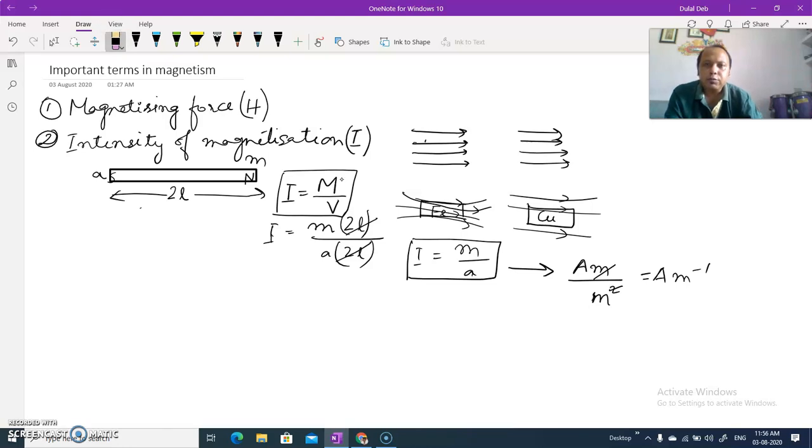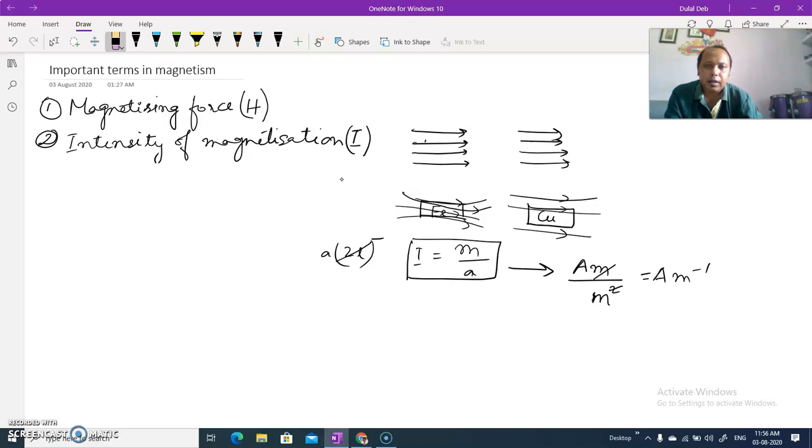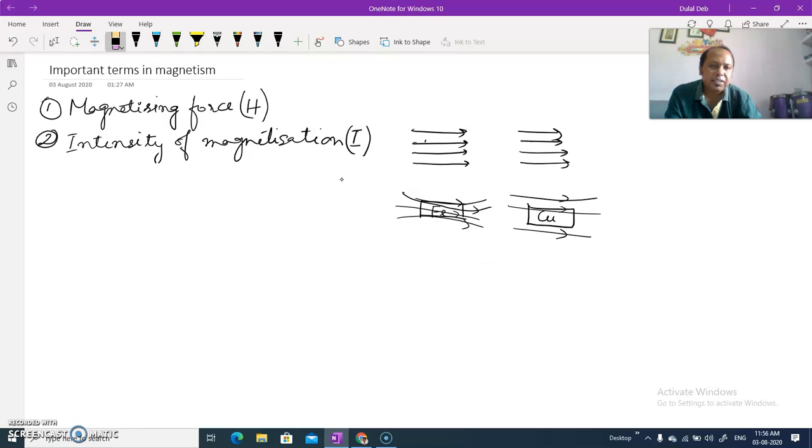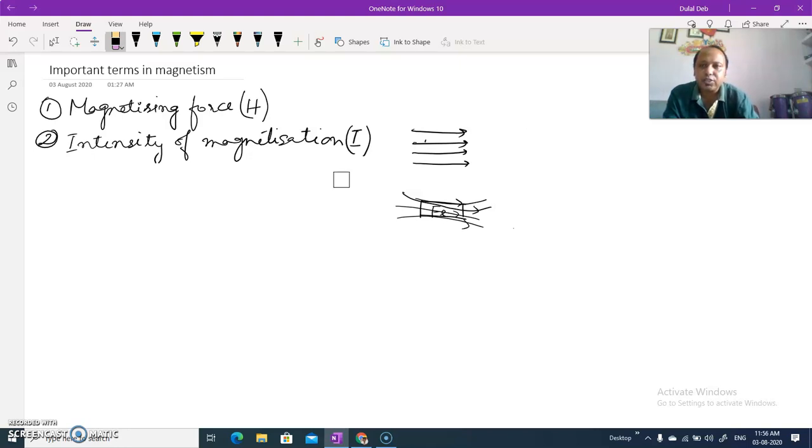Okay, we move to the next part now. Let me rub this off first. See, when we consider a magnetic material, when it is placed in a magnetic field, then it attracts the magnetic lines of force, which is shown here. Now the third point we are going to discuss is magnetic induction.